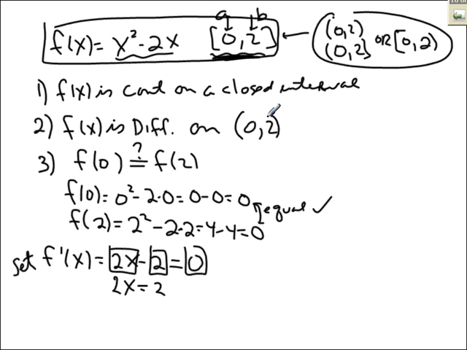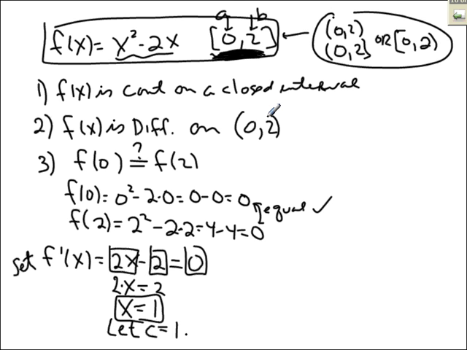2 times x. x I like to call some number. 2 times some number equals 2. That number is 1. So the answer is to let c equal 1, or to choose c equal 1. And notice that 1 is in between our interval.